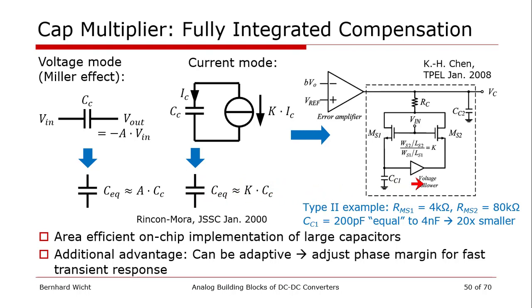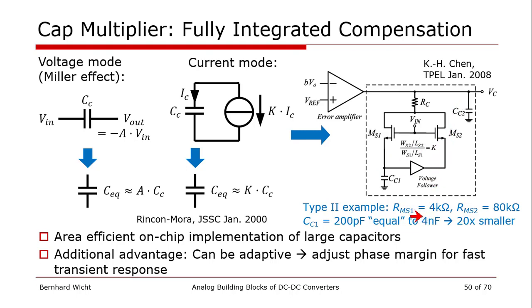One of the example implementations was published by our colleague Kehon Chen from Taiwan, where they use two resistors, actually implemented by means of transistors. They are fully switched on, so they are resistors. They are scaled by a factor of K, and a power amplifier voltage follower equalizes the source voltage so that we have K times the current flowing here.